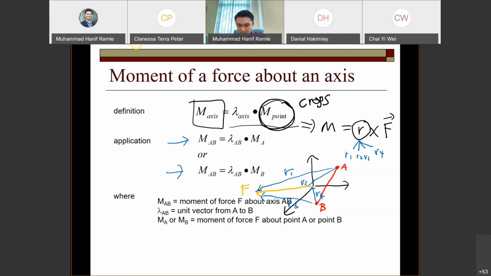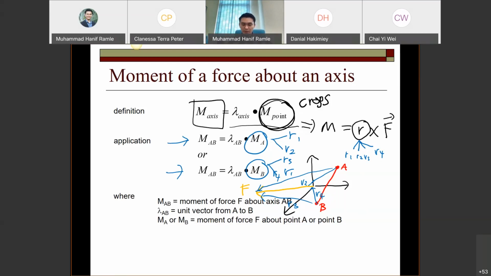As I mentioned, each moment has a different r, let's say R3 and R4. You can use either one, but my suggestion is that you use the simplest r.